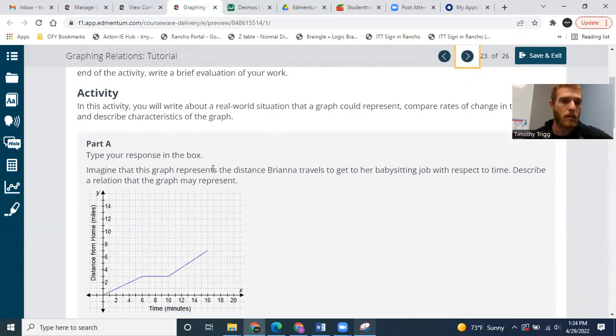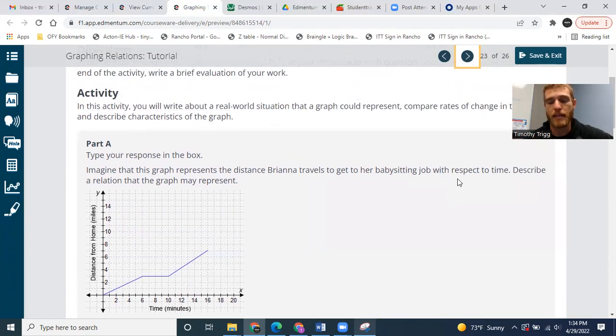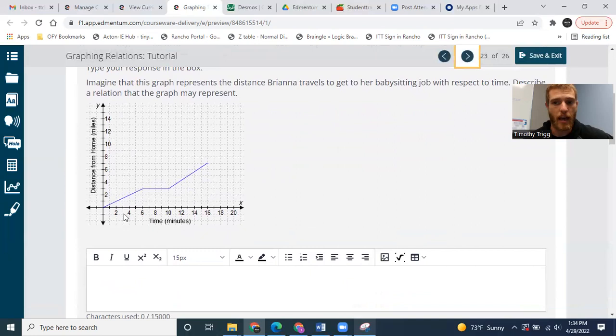It says, imagine that this graph represents the distance Brianna travels to get to her babysitting job with respect to time. Describe a relation that the graph may represent. So you can see time is along the x-axis. Usually, if time is one of your variables, it almost always is going to be on the x-axis because time is an independent variable.